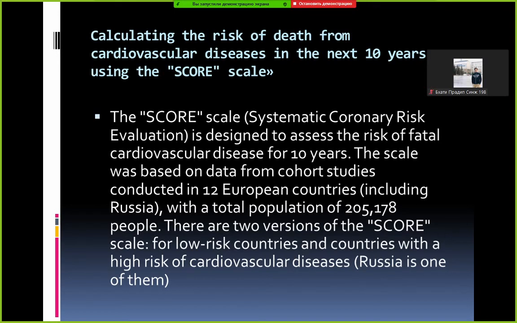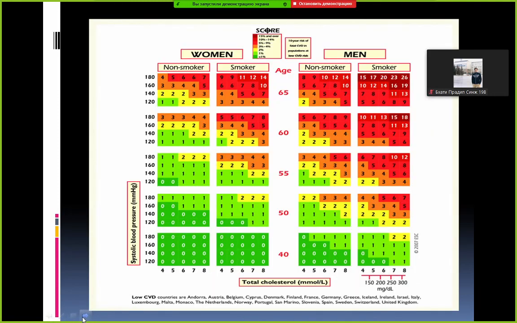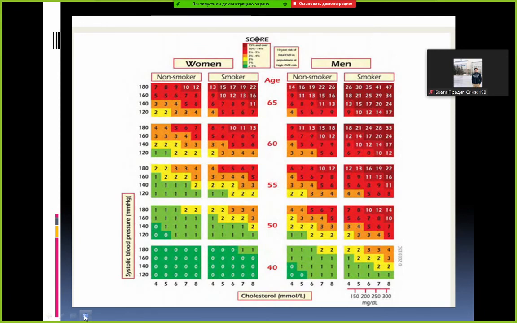The scale was based on data from cohort studies conducted in 12 European countries, and there are two versions of the SCORE scale for low risk countries and countries with high risk of cardiovascular diseases. So this SCORE scale is for countries with low cardiovascular risk, and this scale for high cardiovascular risk.